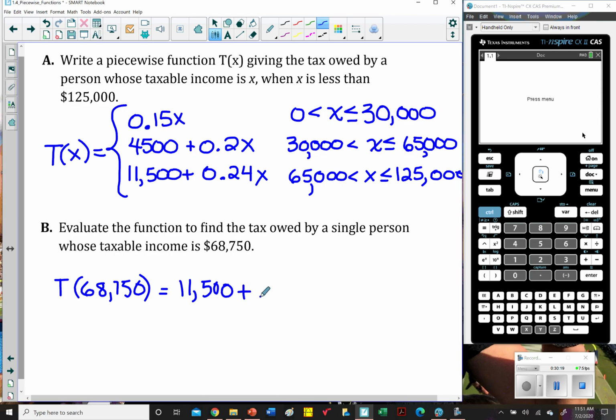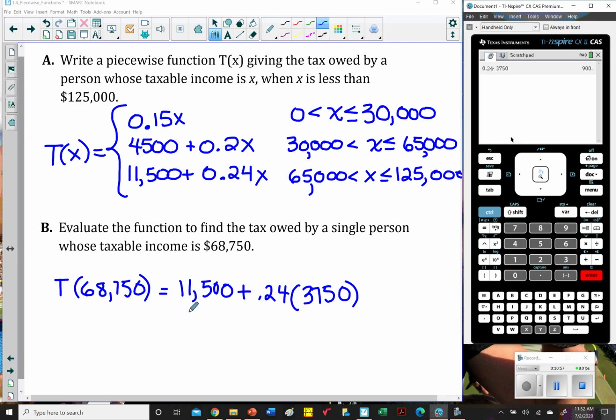So we'd have this last region here, 68,000 would be $11,500 plus 24% of the excess, right? So the excess is going to be $3,750. So 24% of 3,750 is an extra $900.